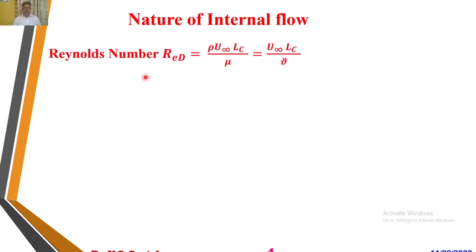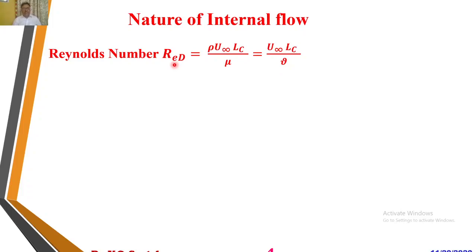The nature of internal flow is determined by calculating the Reynolds number, represented by Re suffix d is equal to rho u infinity Lc over mu is equal to u infinity Lc over nu. Here the symbol Re suffix d is used to represent the Reynolds number in case of internal flow.